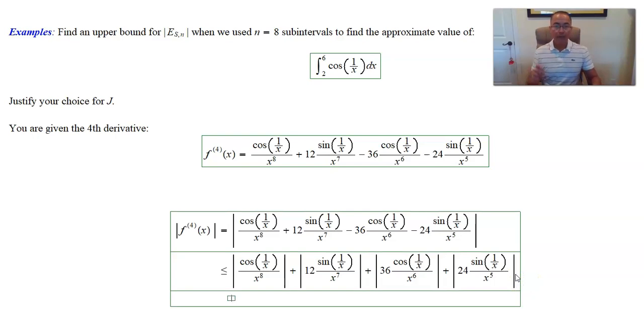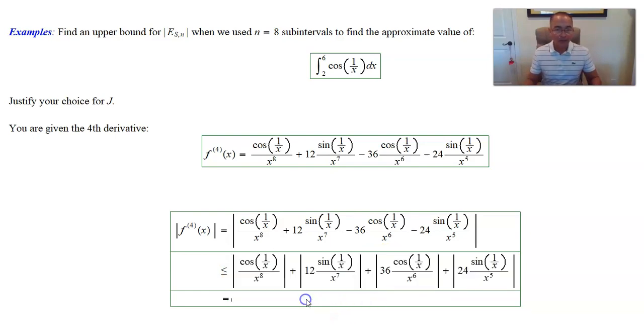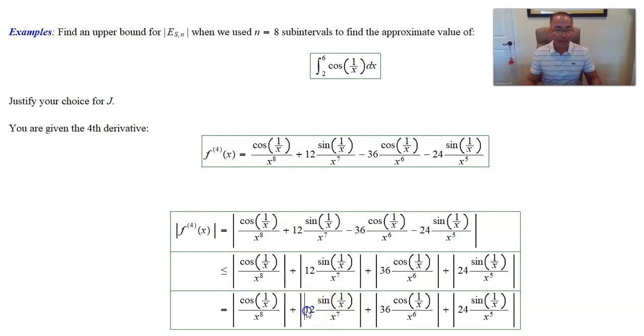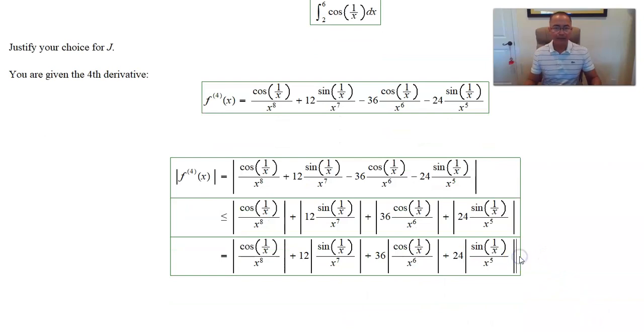So now we can apply the product and quotient properties of absolute values like we did for trapezoid, and we can take the 12 out over here. We can take the 36 out over here. We can take the 24 out. So that's the product property for absolute values.